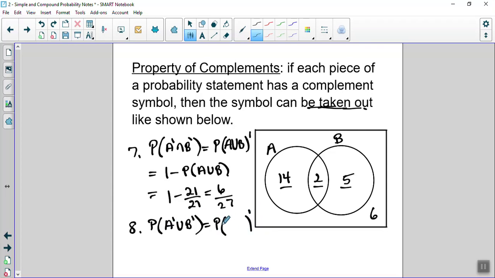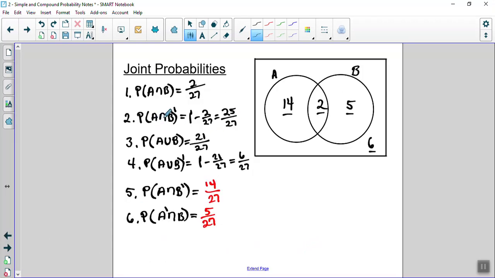But this time we're going to say A intersected with B. And we know the probability of A intersect B. So we're just going to rewrite this as 1 minus the probability of A intersect B. Well, that's 1 minus 2 out of 27, which is 25 out of 27. All right, and that agrees with what we have in a previous page. A intersected with B complement is 1 minus 2 over 27, or 25/27ths.